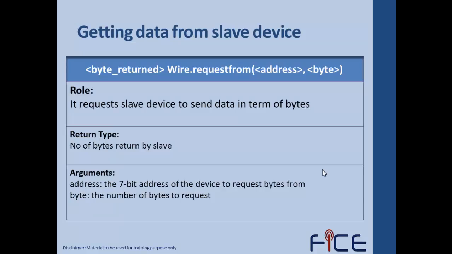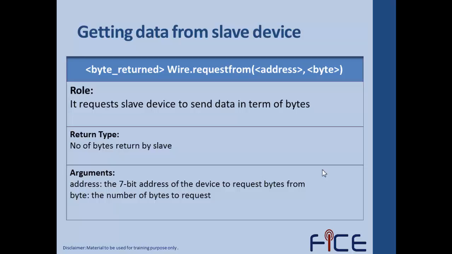Then if the I2C master wants to get data from the slave device, the first and foremost function is Wire.requestFrom, and it takes two arguments, address and bytes. Wire.requestFrom requests the slave device to send data in terms of bytes.